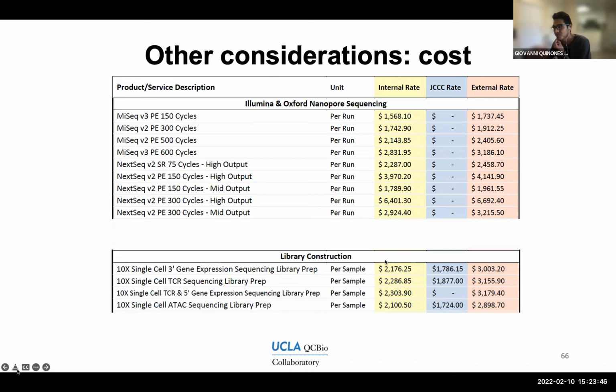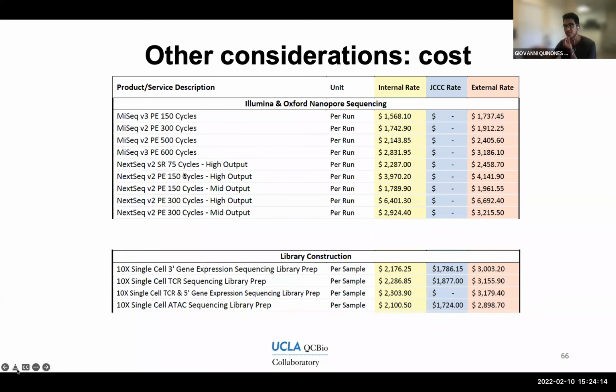And this is for library preparation, and there is also this list of costs associated with the sequencing technology. The platform that was used for our data set was NextSeq. I forget which type exactly, but this is referring to the length of the reads.